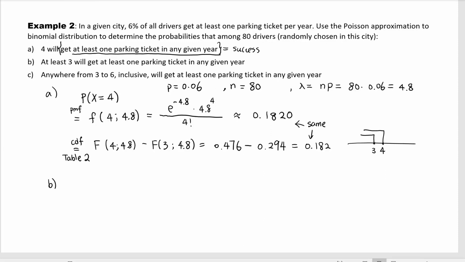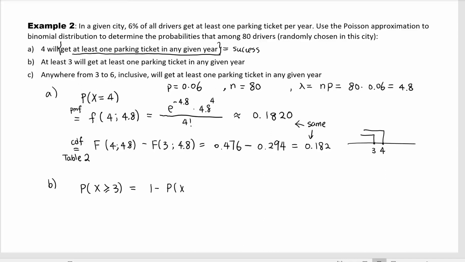Okay, let's continue. At least 3 will get at least 1 parking ticket in a given year. So at least 3, what does at least 3 mean? Greater than equal. How do we compute greater than equal? Remember CDF, we use less than equal. So for greater than equal, we consider the complement.